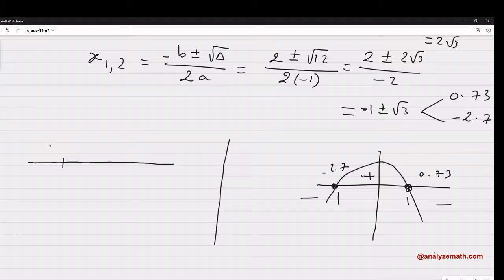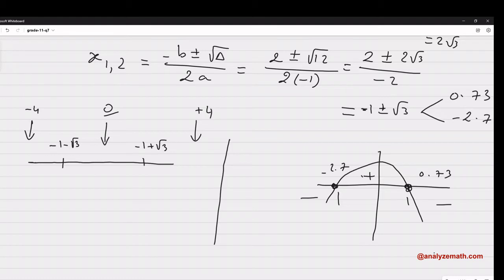Put the zeros or the solutions, the smallest one on the left. What do I do? I go and find test values. For example, this is negative, this is positive. I can go and take 0 here. Here I can take -4. Here I can take +4.